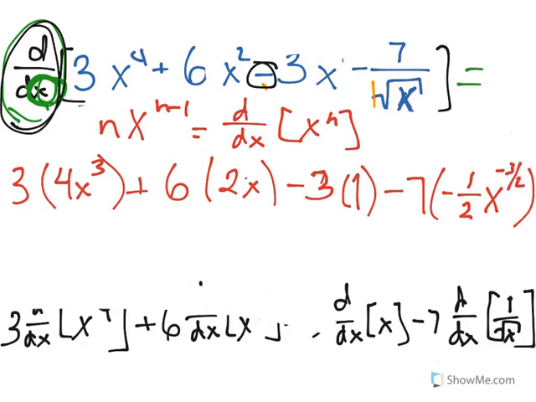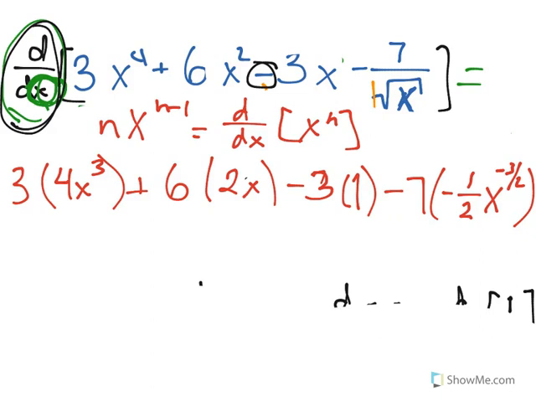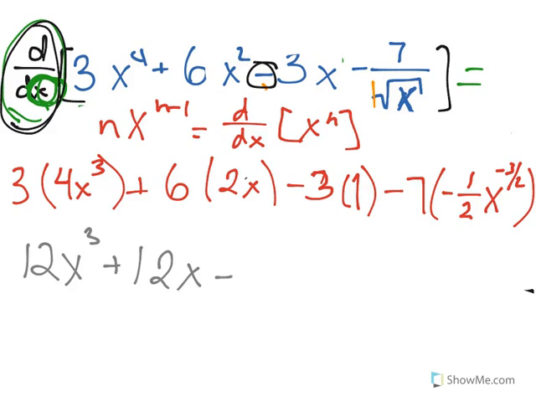Very well, now let's erase this and simplify. We have 3 times 4, 12. So we have 12x cubed plus 12x minus 3. And then here, see how it turns into a plus: plus 7 halves x to the negative 3 halves.